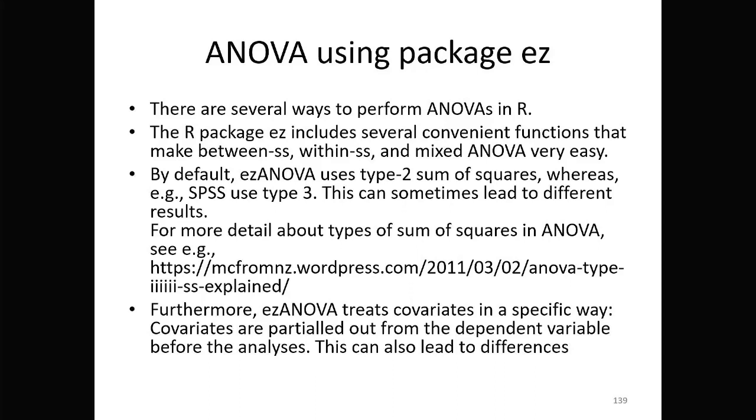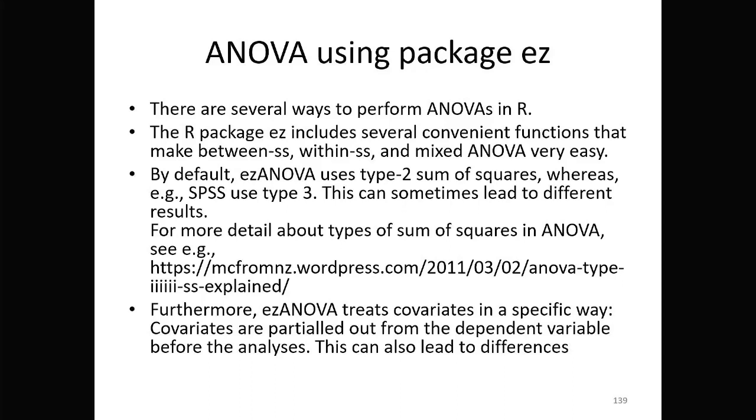Whereas Easy ANOVA treats covariates literally as variables that you want to control for. So it takes the dependent variable, partials out the covariate, and then it runs the analysis. So you won't see the result for the covariate in the output. Well, that's the way Easy ANOVA does it.